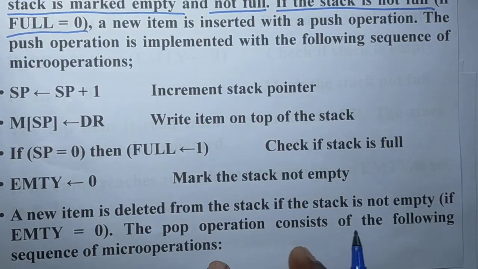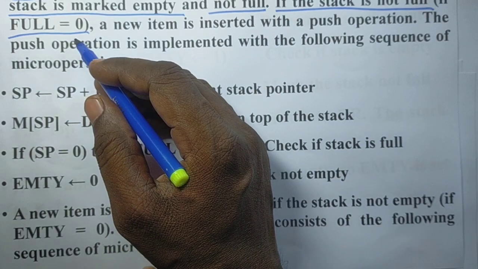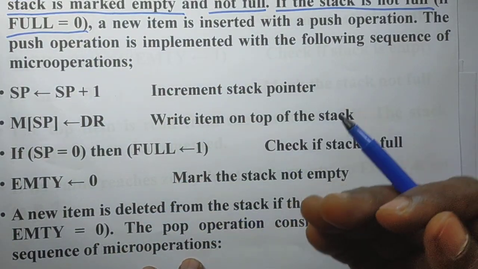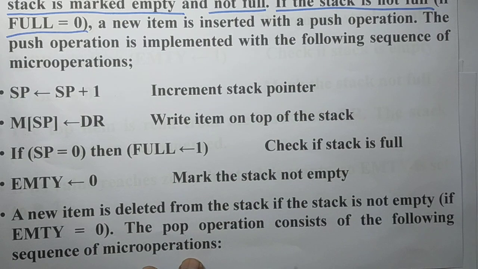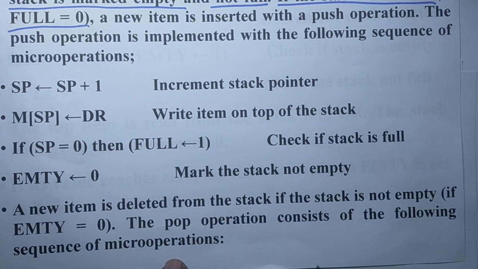If full is 1, then the whole stack is filled by all the different items, with no space, filled at all addresses. Different situations arise whenever the stack operates on different items.